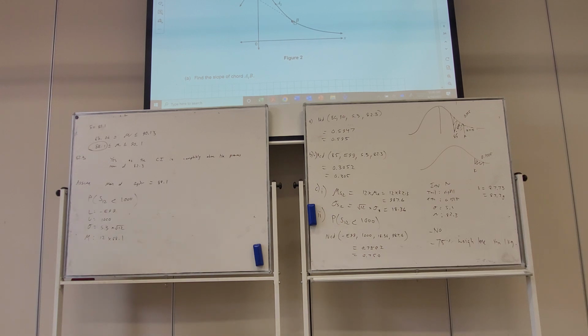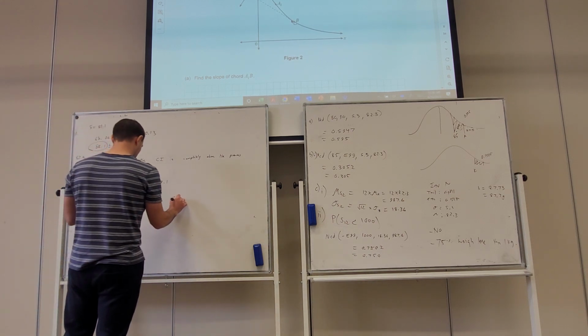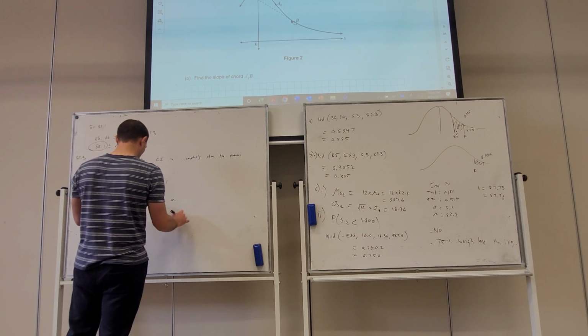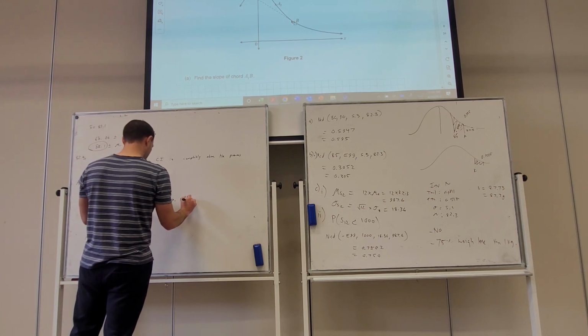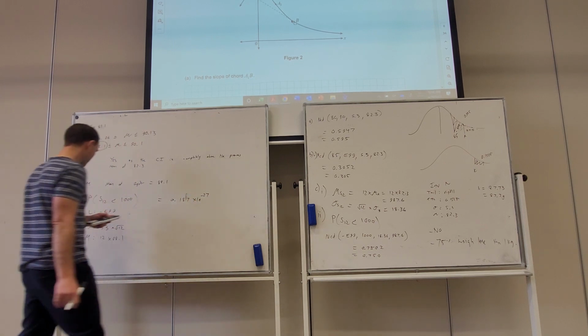So you can see they're combining confidence intervals, they're combining all manner of good stuff. 12 times 88.1. Got a very low probability: 0.187 times 10 to the minus 27.